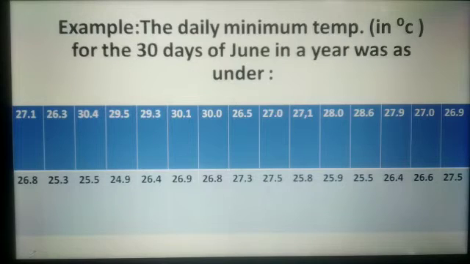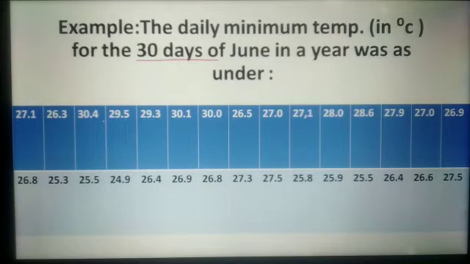In this example, the daily minimum temperature in degrees Celsius for the 30 days of June in a year was as under. Students, in this table we have given minimum temperature in degrees Celsius. So first we have to check what is the maximum observation in the given data.